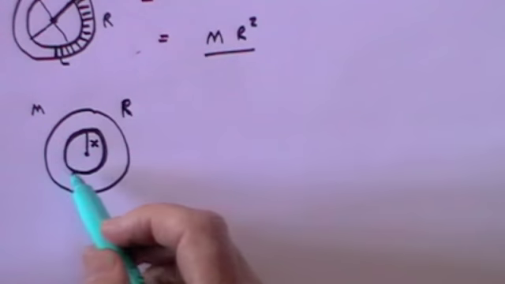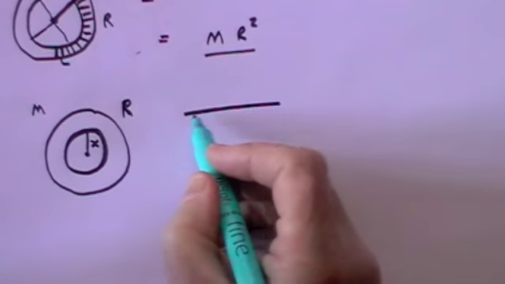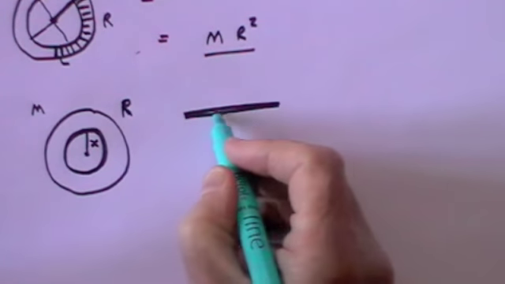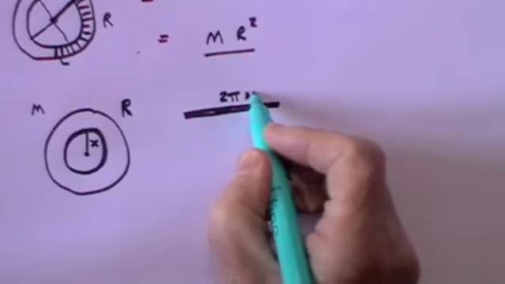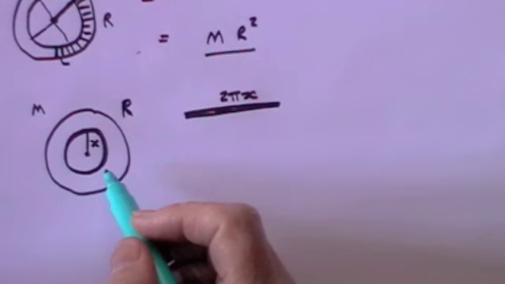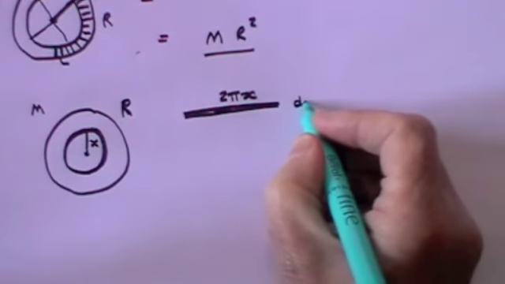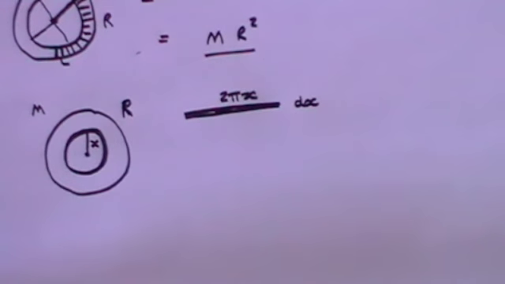So the circumference is 2 pi x. If we unravelled that very thin ring, we would get something of length 2 pi x. And we're going to say it's very thin, it's going to have a thickness delta x. So I'm going to call this thickness dx.